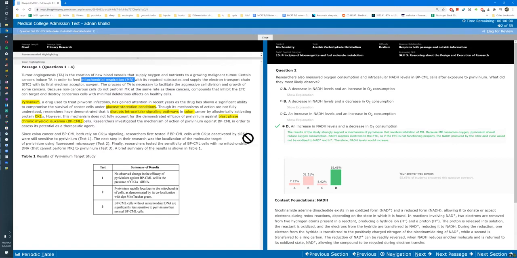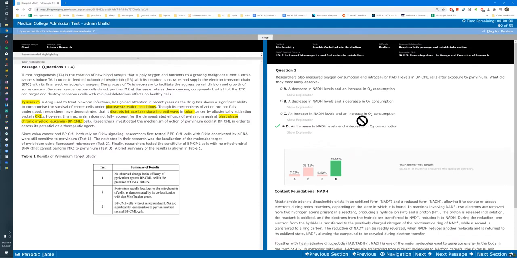So, okay, when you break cellular respiration, essentially aerobic respiration in particular, what happens? Well, first of all, intracellular after exposure, what do they most likely observe? Oh, okay. So it broke everything down. So O2 consumption isn't going to happen.